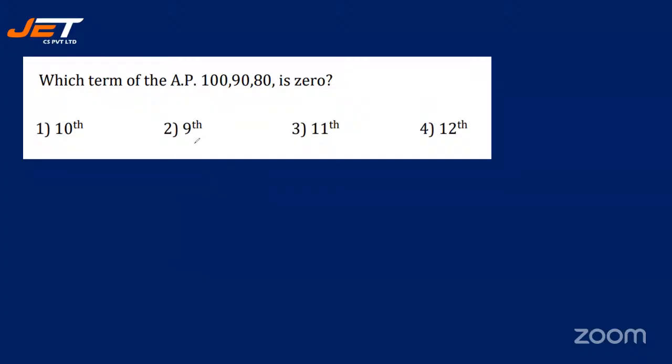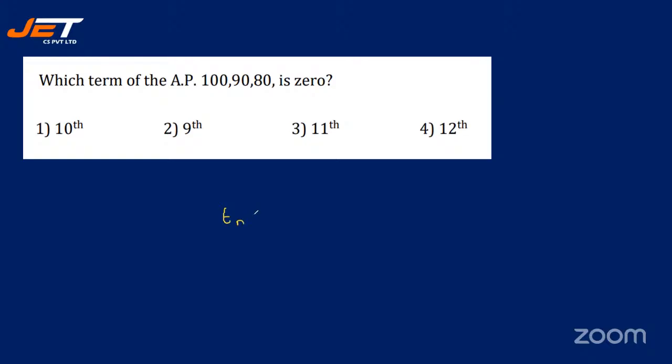Which term of the AP 100, 90, 80 is 0? For this, you have to work out the options.